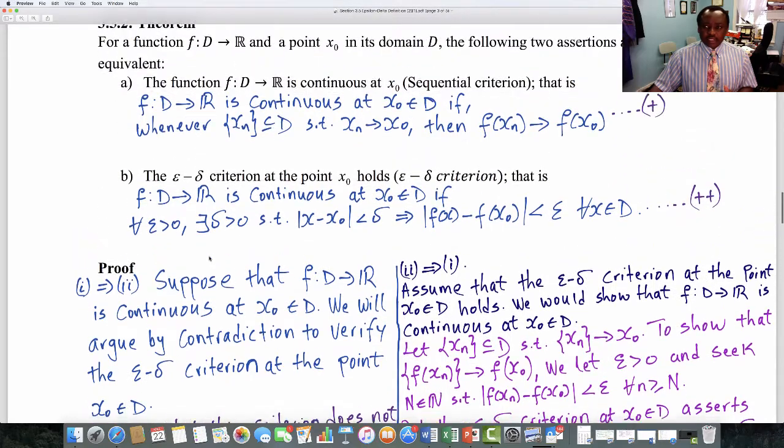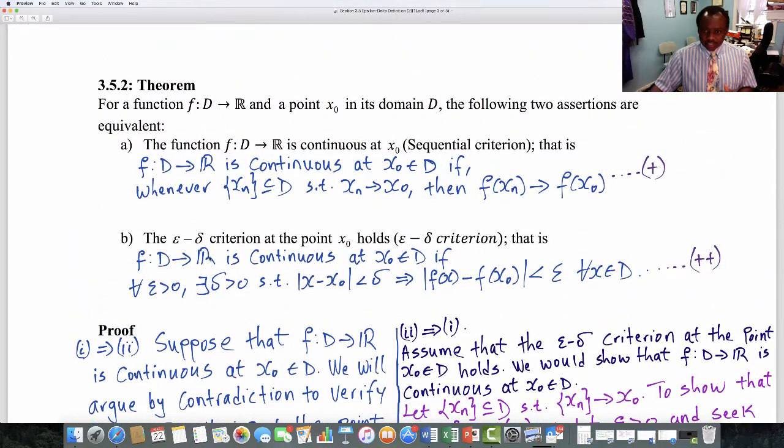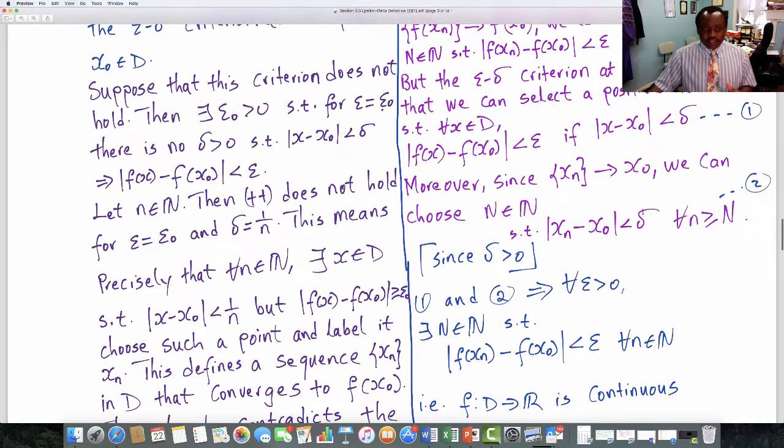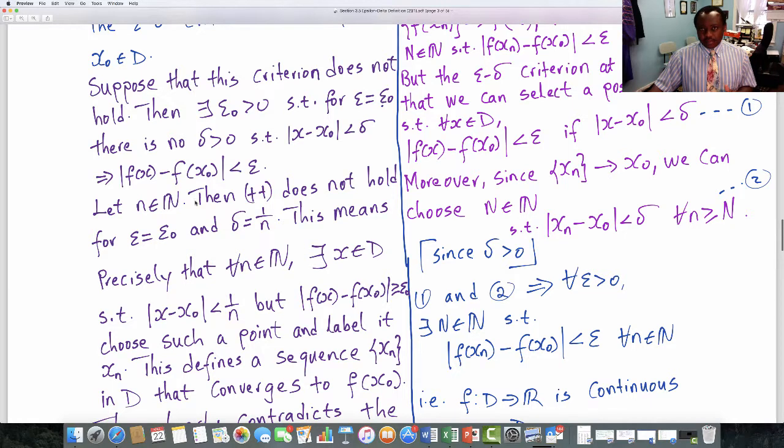Let's go back to our statements. Plus plus is the epsilon-delta criterion. Plus is the sequential criterion. So let n be a natural number. Then plus plus does not hold for epsilon equals epsilon naught and delta equals 1 over n.